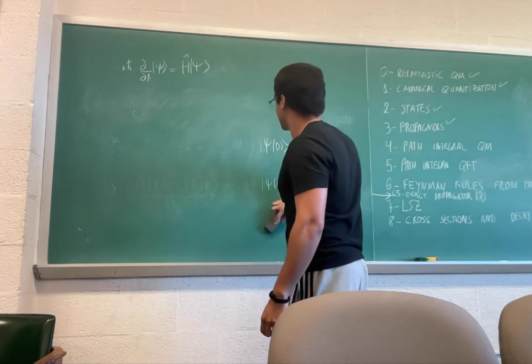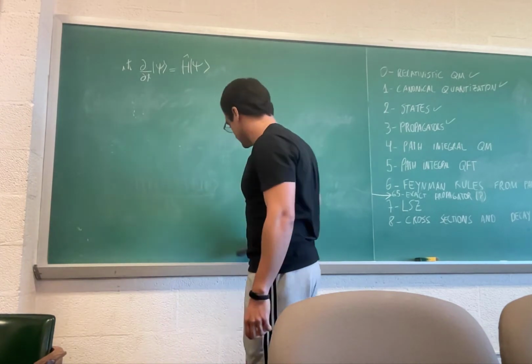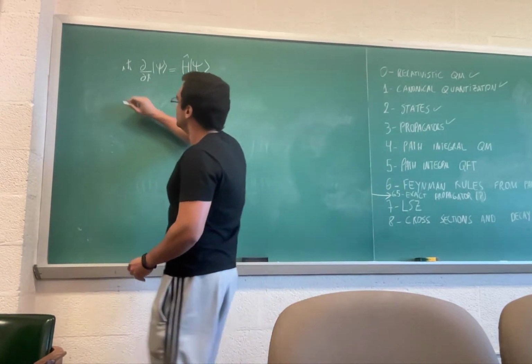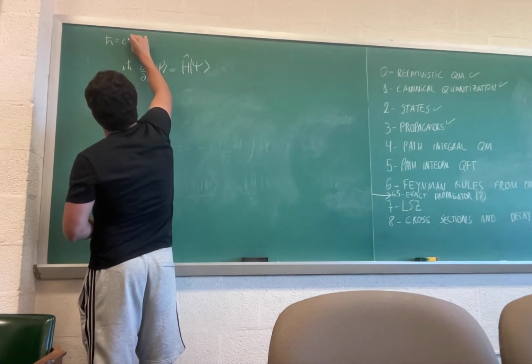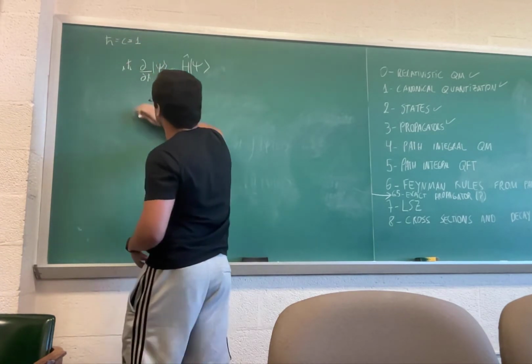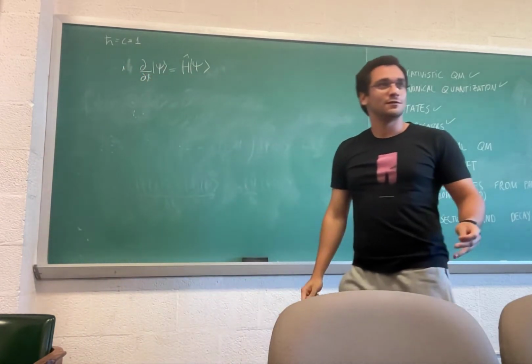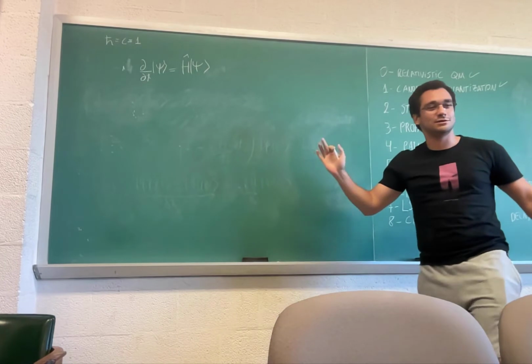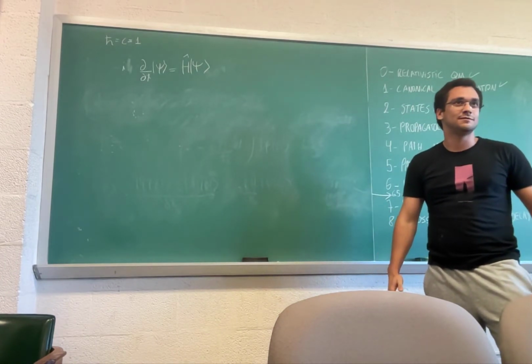Okay, so for simplicity also, let's set ħ = c = 1 from the start, because I'm going to forget factors everywhere at some point. So, all right. Let's set units in which everything has dimension of mass to some power.